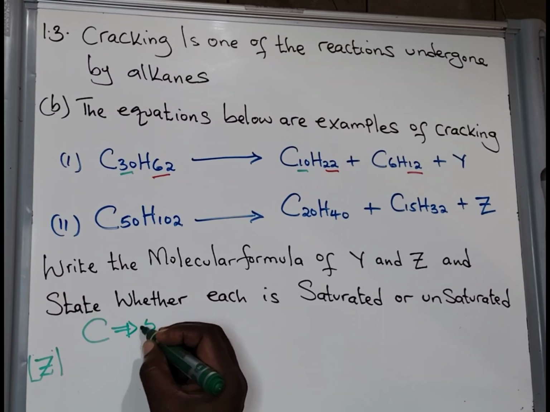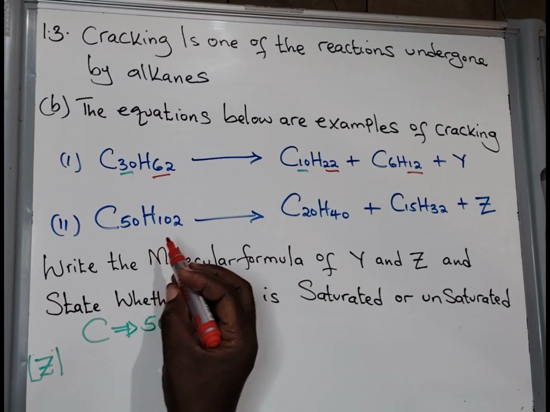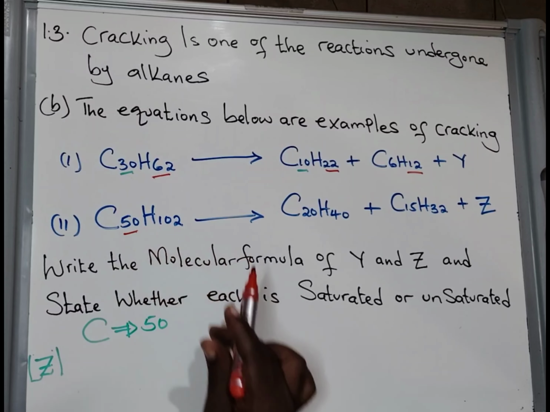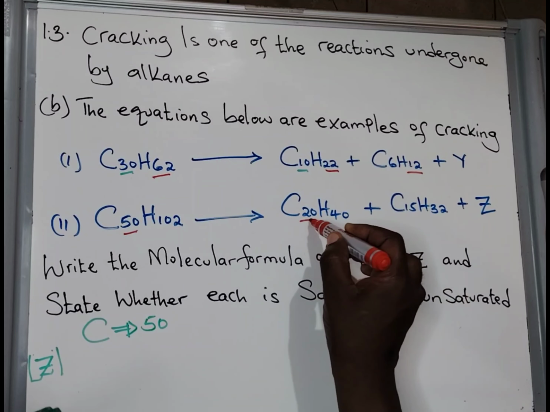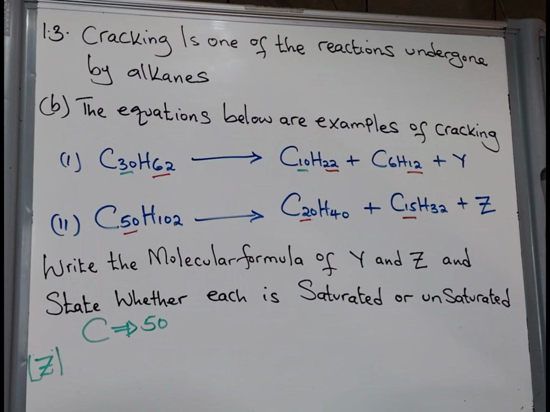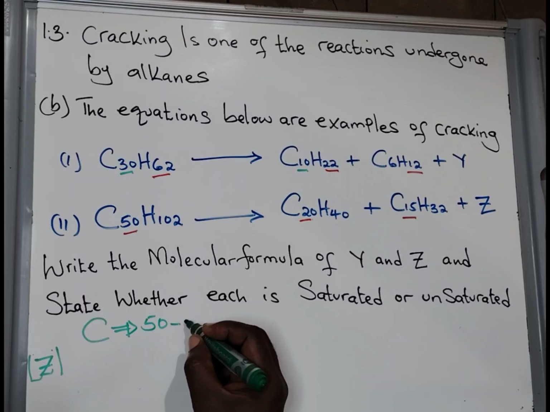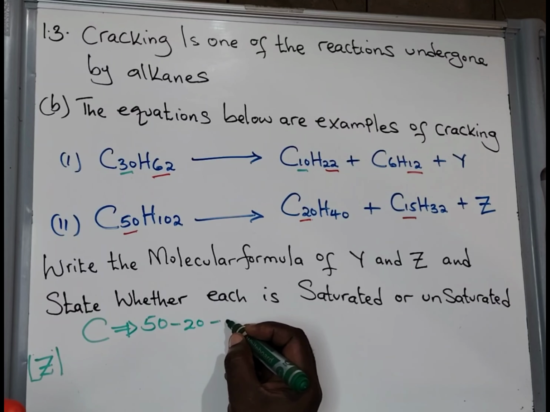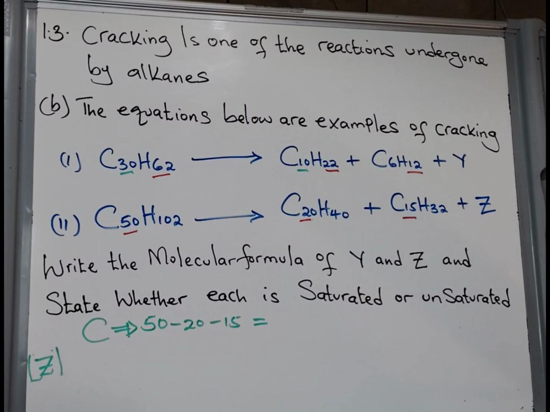We are having 50, which is this, minus this, minus that. Okay, let's have it. It's 50 minus 20 minus 15. What we get there will be the number for carbon.